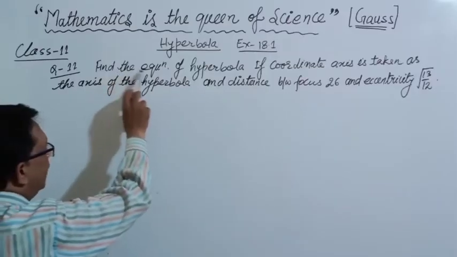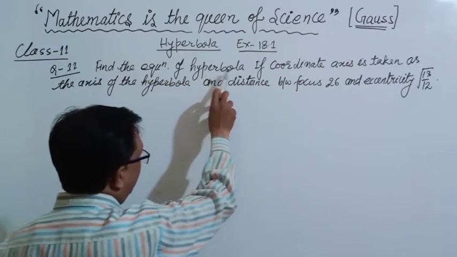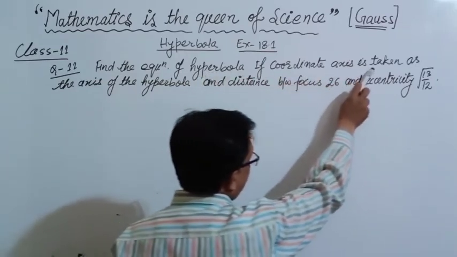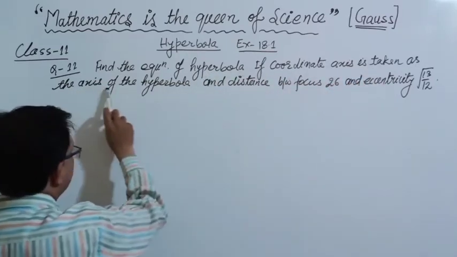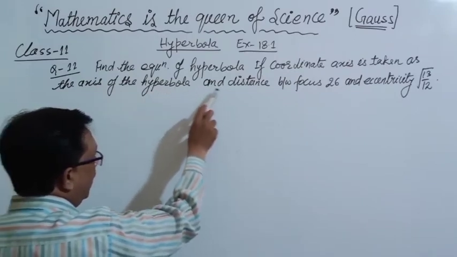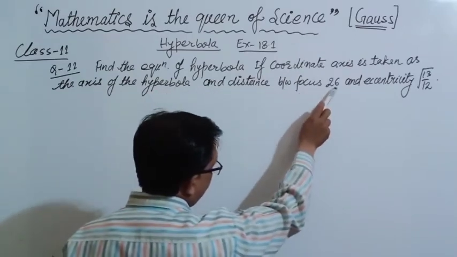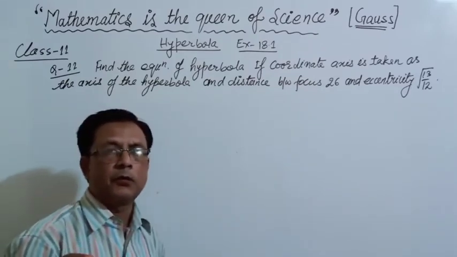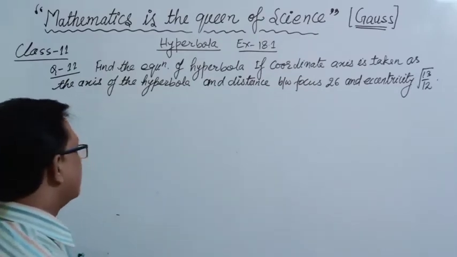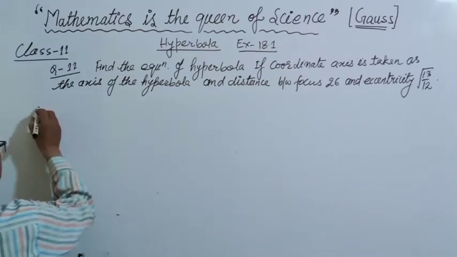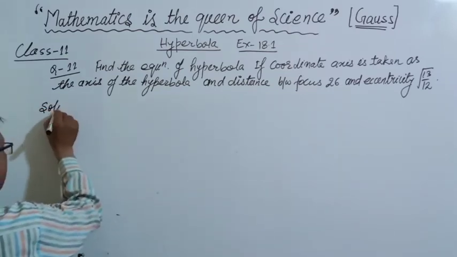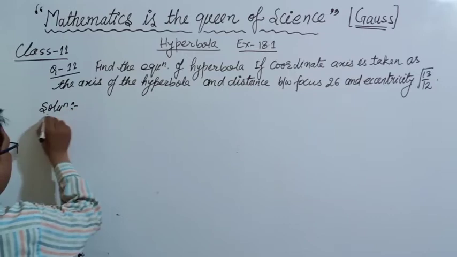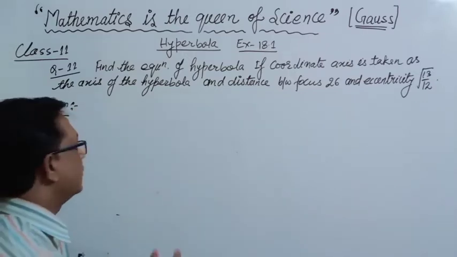Question 11: find the equation of hyperbola if the coordinate axes are taken as the axes of the hyperbola and the distance between the foci is 26 and the eccentricity is also given, root 13 upon 12. Let us solve this problem. First we write the given things.